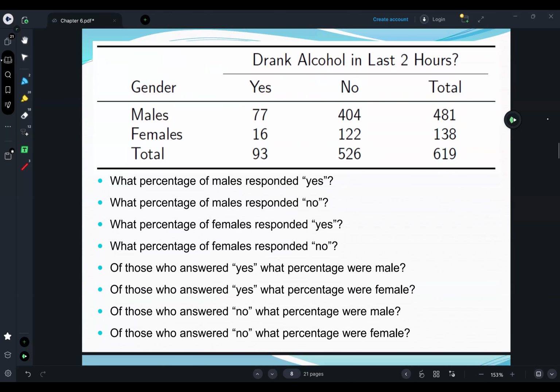So what we do here is we grab 77. We look at the cross tabulation of yes and males, and we get 77 for that. And we want the percentage of males, so we divide that by 481.